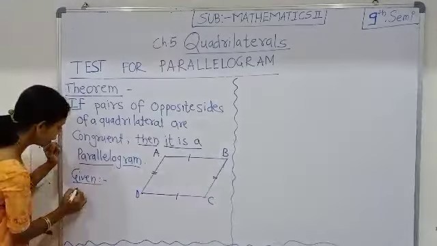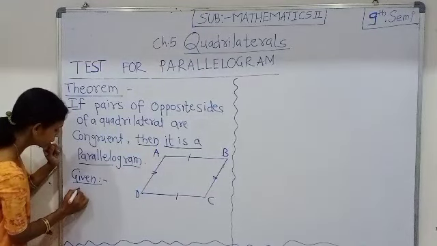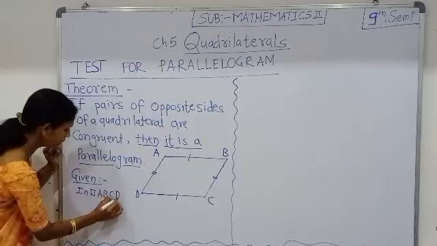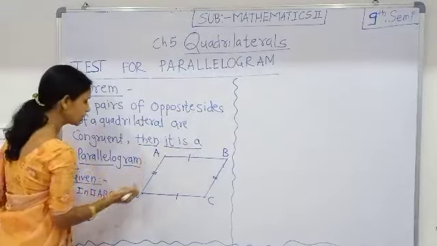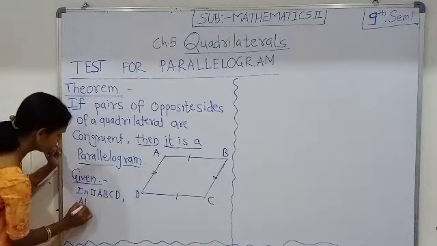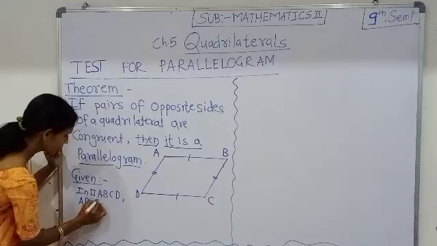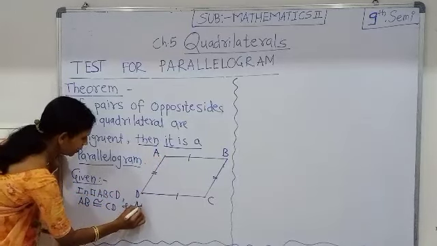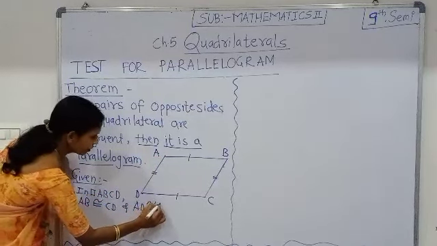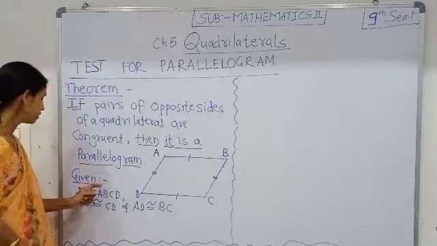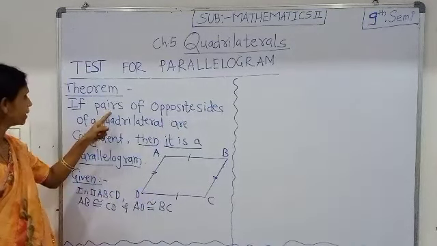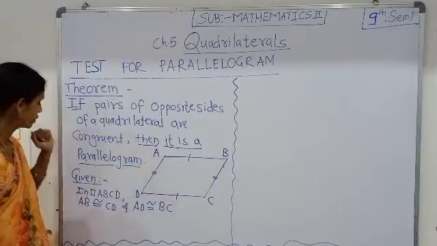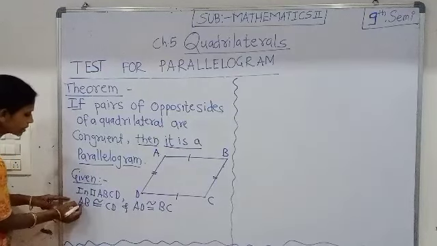Then we have to write in given: in quadrilateral ABCD, AB congruent CD, and AD congruent BC. That is the given part in the property of that quadrilateral. Therefore, we have to write this in given.